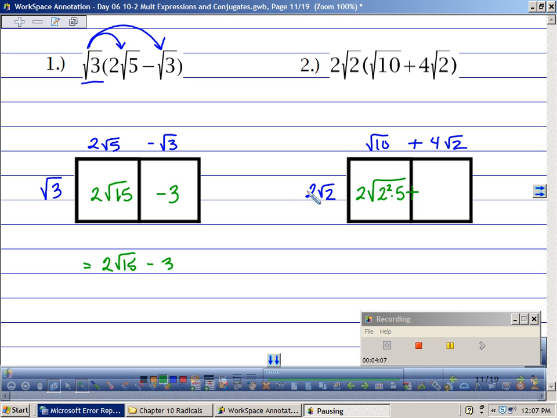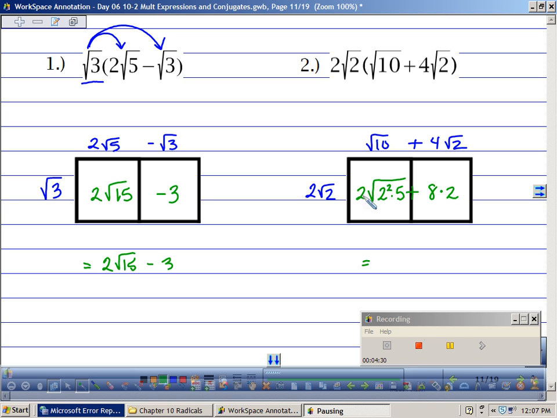Plus, I also have a square here, correct? Let's deal with the outside first. What's 4 times 2? 8. And a root 2 times a root 2 makes 2. So I'm going to have to multiply by 2. Almost. So I have to kick out a 2.